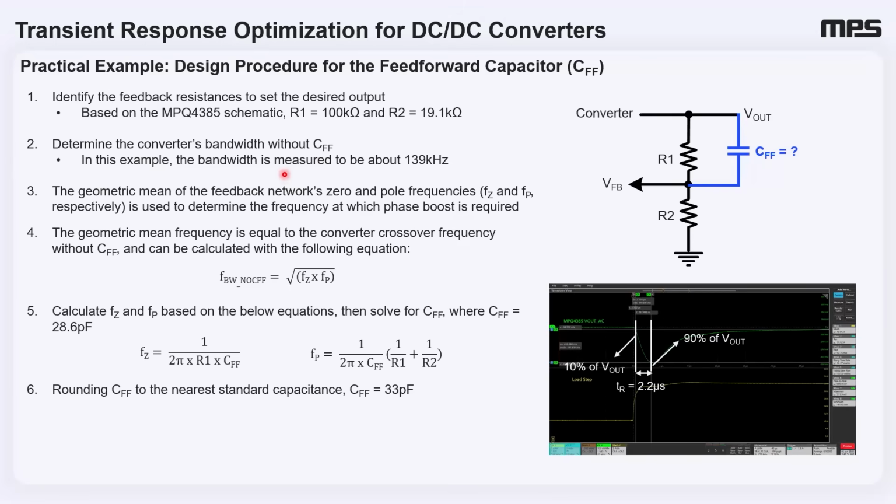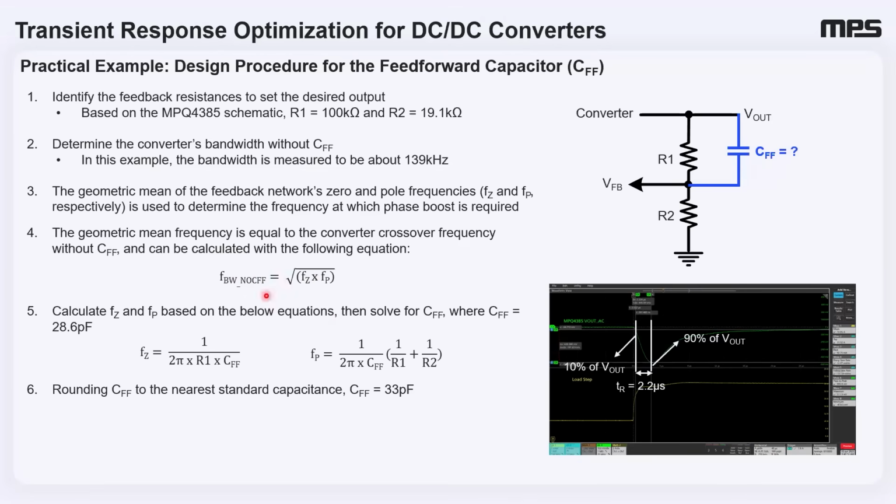This geometric mean provides a good estimate for the frequency at which the zero has to be placed. A useful design rule of thumb is to set the geometric mean frequency equal to the converter's original crossover frequency without the CFF. This helps ensure the phase boost is introduced at the right point to extend the bandwidth effectively.